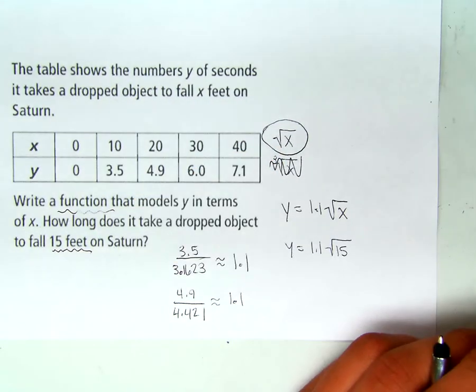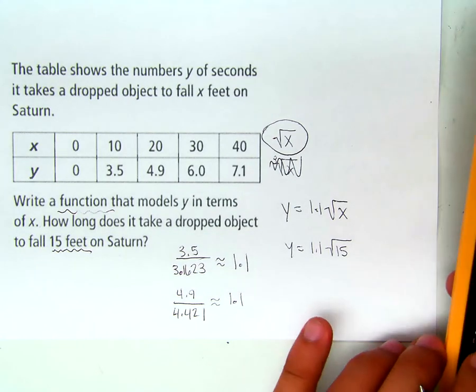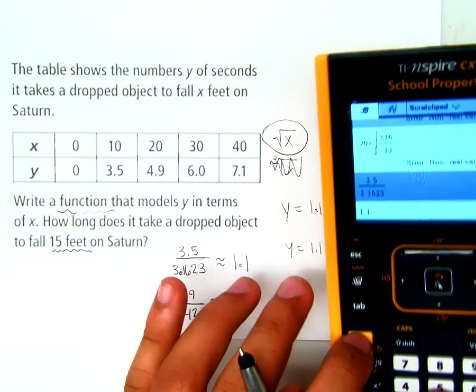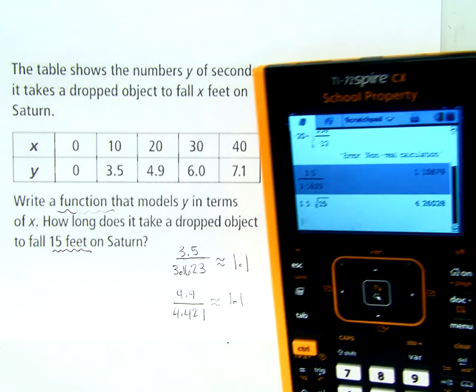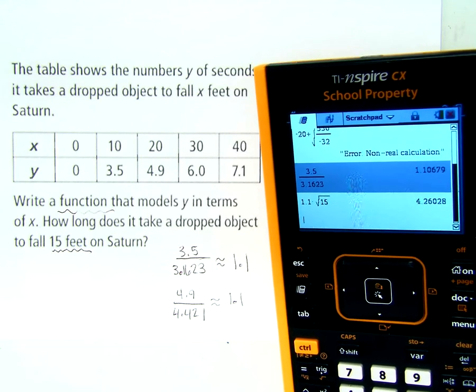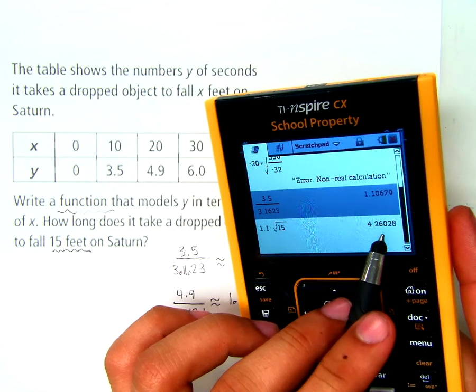So go to menu, calculate, and this is 1.1 times the square root of 15, and that equals 4.26.